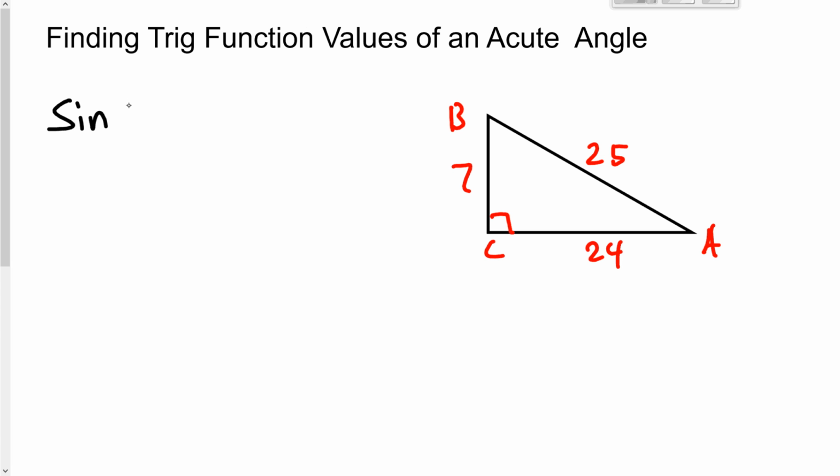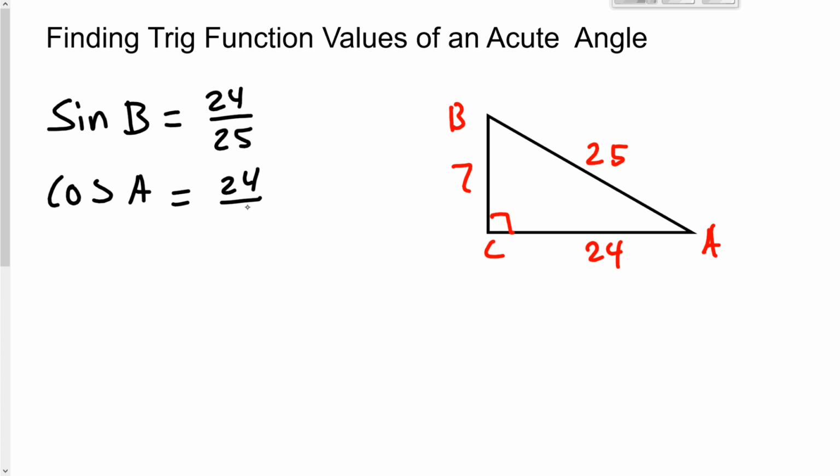that sine of B, which is opposite over hypotenuse, is the same thing as cosine of A, which is adjacent over hypotenuse.